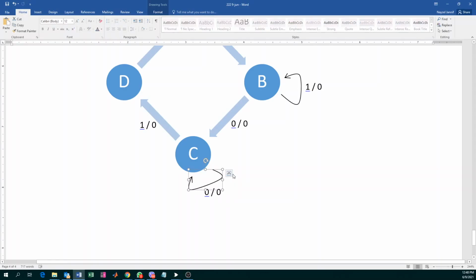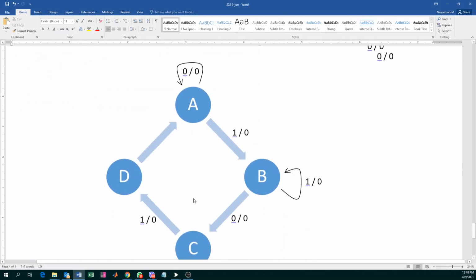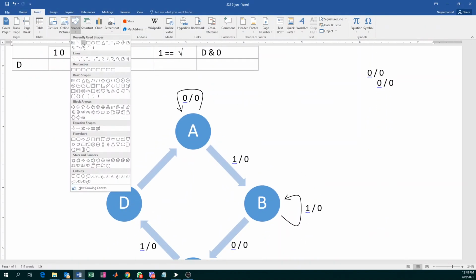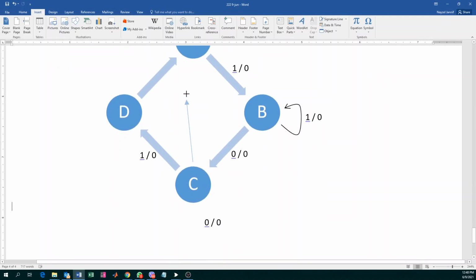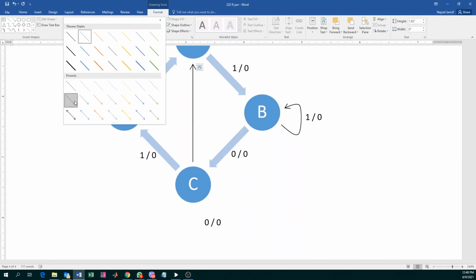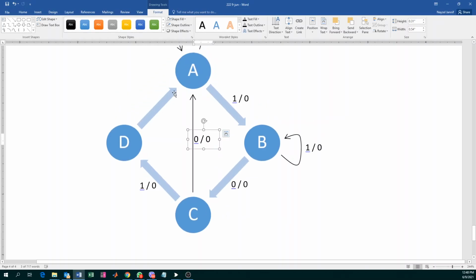This arrow is not correct. If you're at C and you receive a 0, you go to A. So let's just put the A over here.